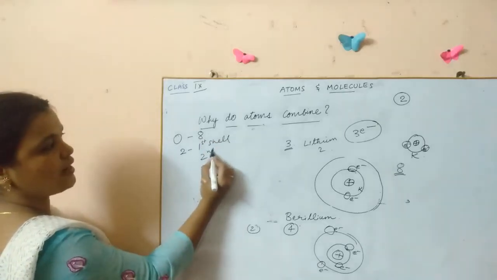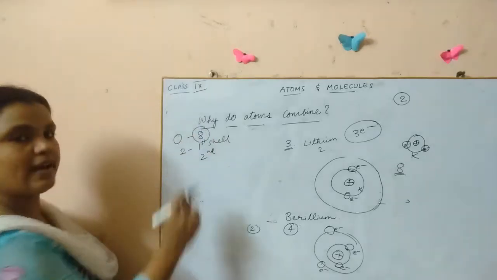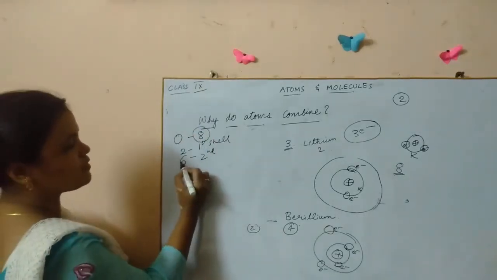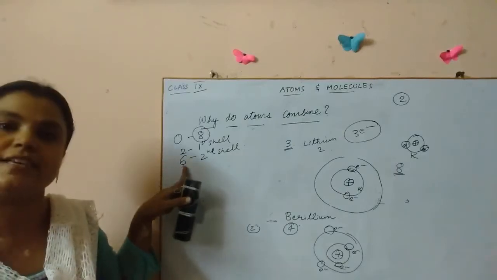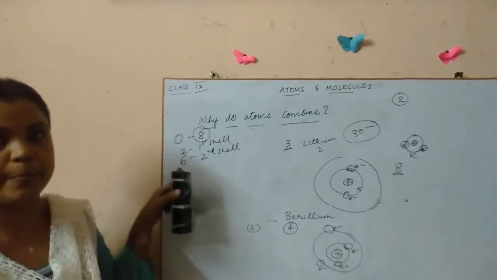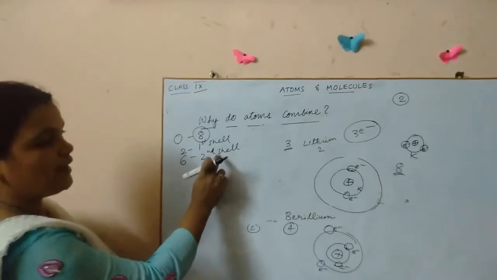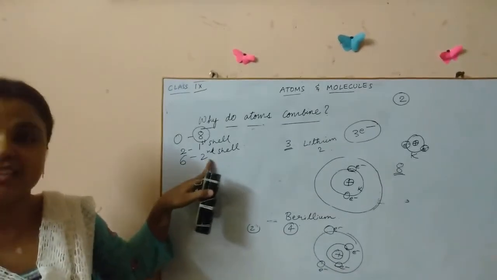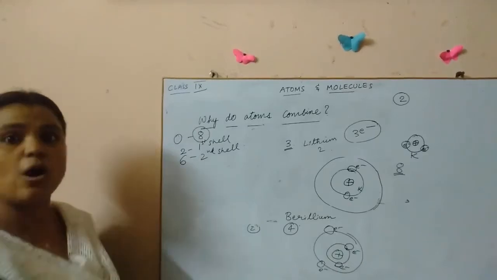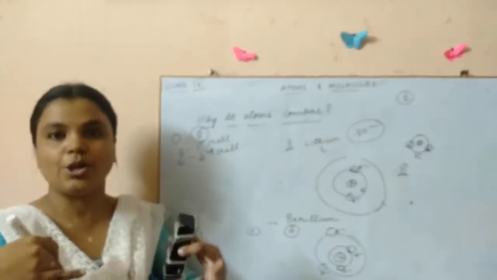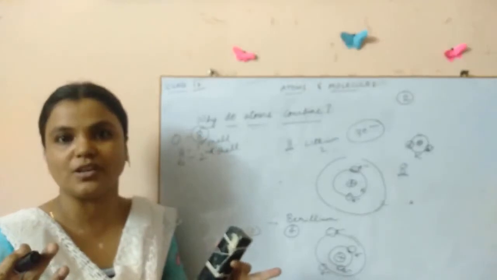And in the second shell, 8 minus 2, how many are left, children? 6 are left. So 6 will be present in the second shell. What is the maximum number of electrons that can be present in the second shell? 8. So now it has only 6. Then how many does it need in order to get that stable configuration?